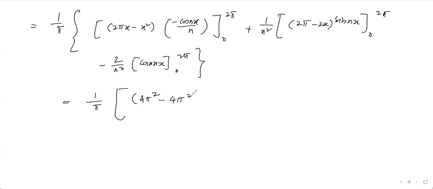After substituting this, right? And minus 1 by n, and again this also will be 0. So we got bn as 0.